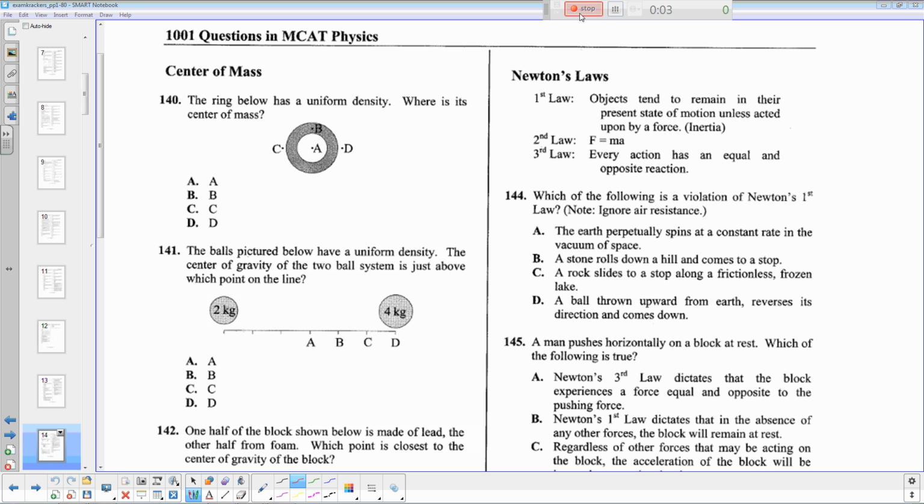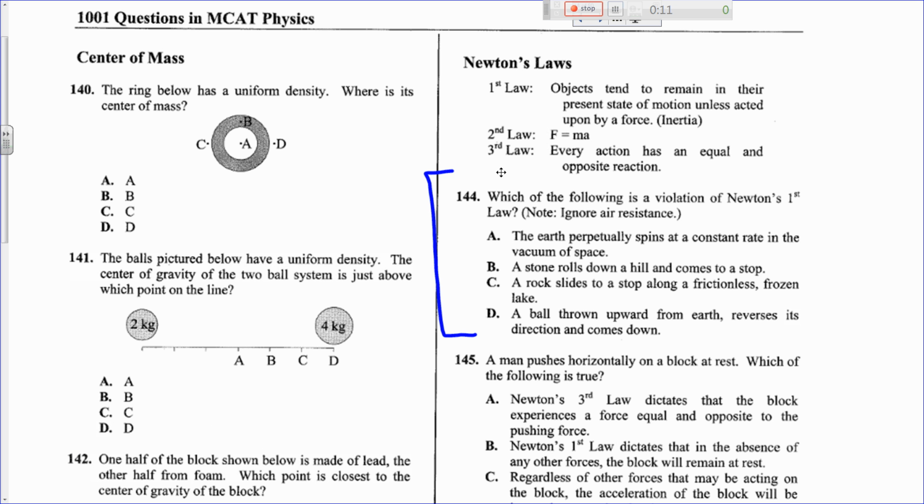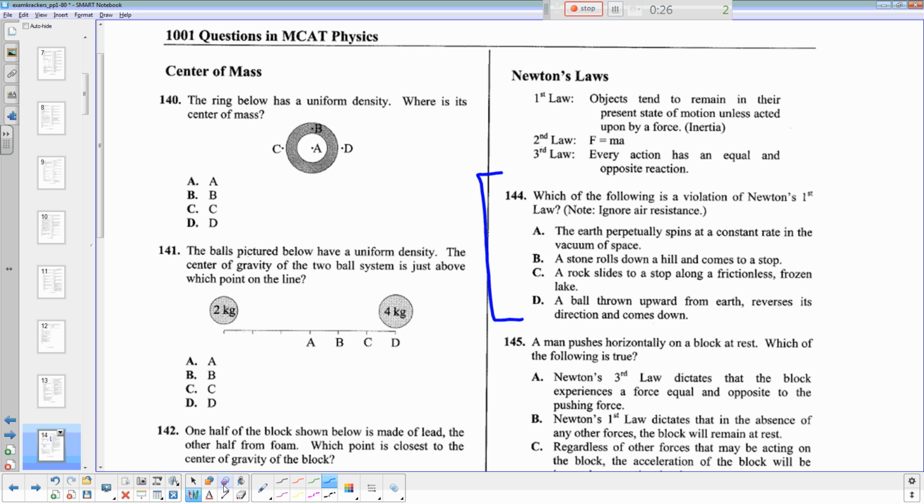Which of the following is a violation of Newton's first law? It's number 144. Can y'all see that okay? Which of these is a violation of Newton's first law? Y'all can't see that, can you? Let me zoom in a little more.